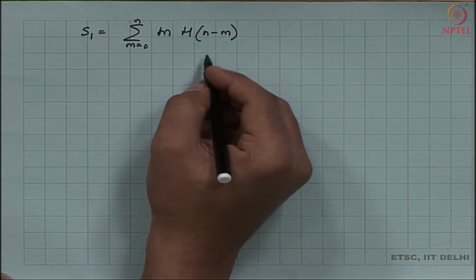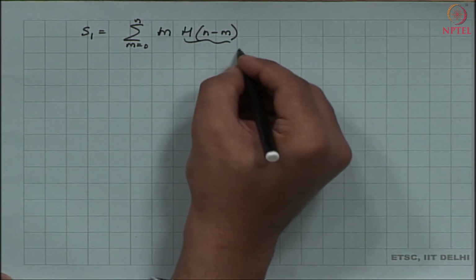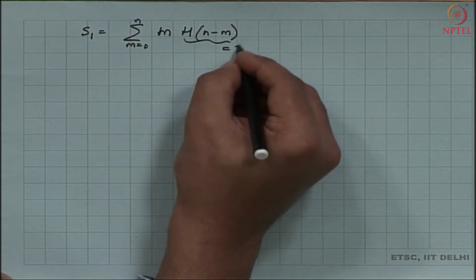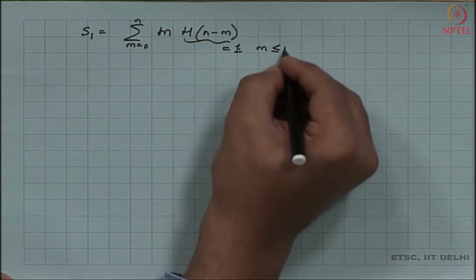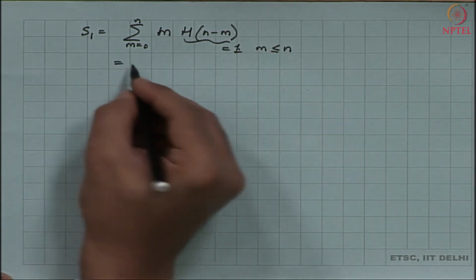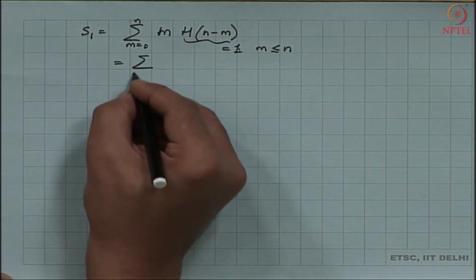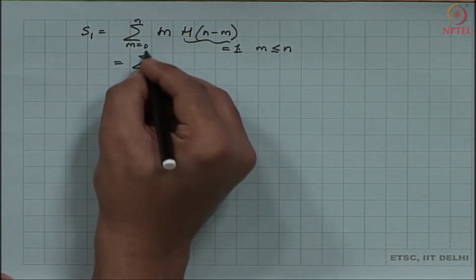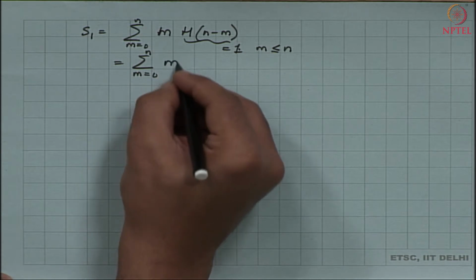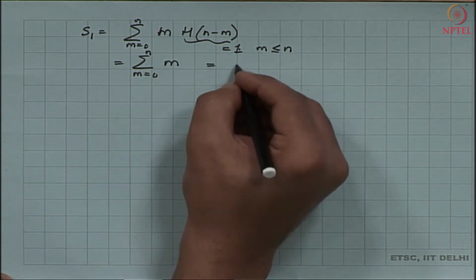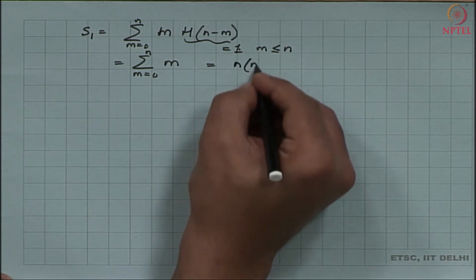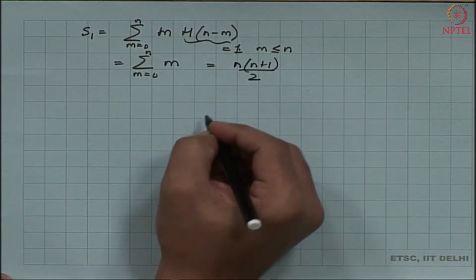The Heaviside function is going to be 1 only when m is less than or equal to n. So, my summation changes as follows. This is the sum over m from 0 to n of m, and I get that this finite sum is n times n plus 1 by 2.